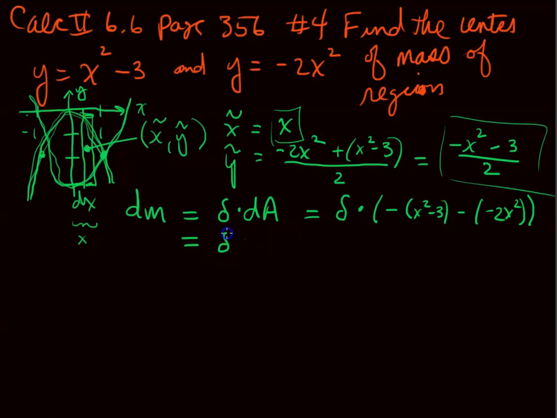Okay, delta times, if you combine all that stuff, negative 3x squared plus 3. Okay, that is your dm.